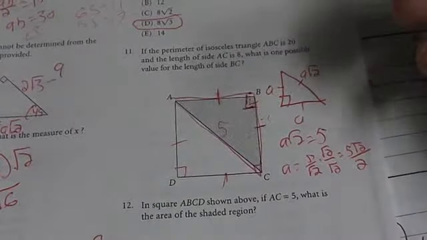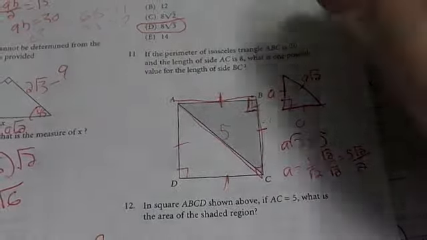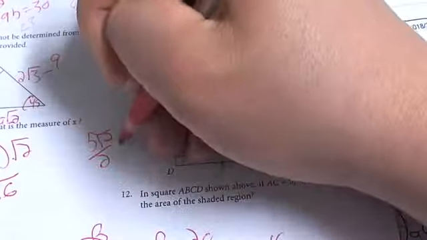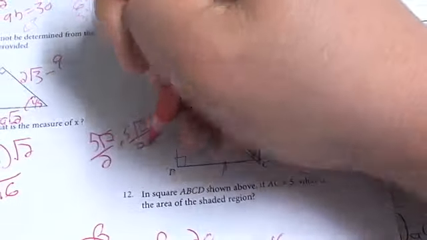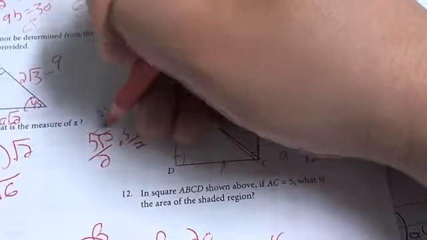Now remember what I said for area for right triangles. It's just the leg times the leg divided by 2. So we have 5 square root of 2 over 2 times 5 square root of 2 over 2. So 5 times 5 is 25, right? And then square root of 2 times square root of 2 is 2.